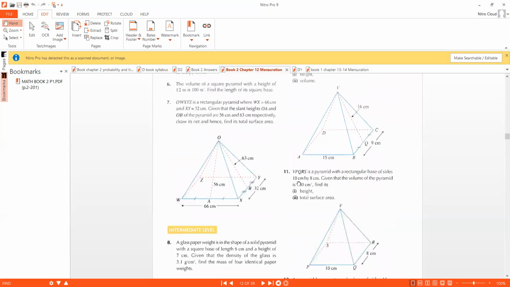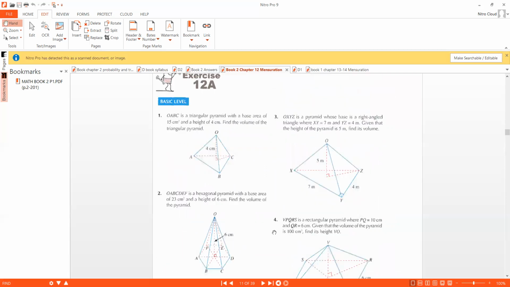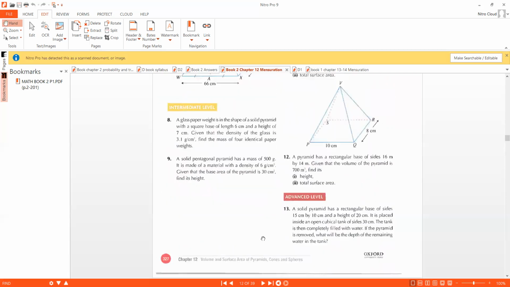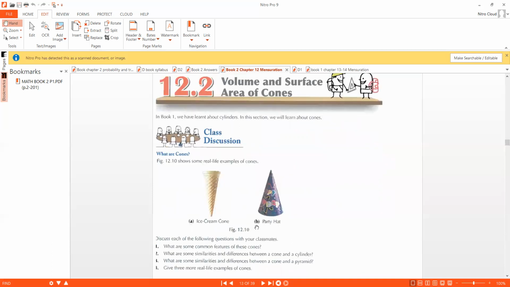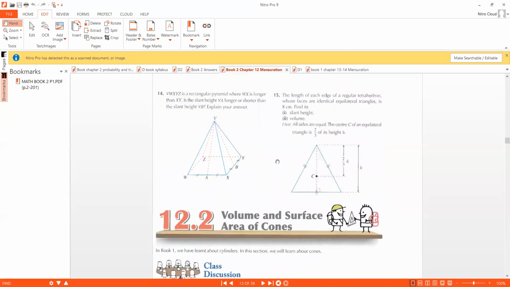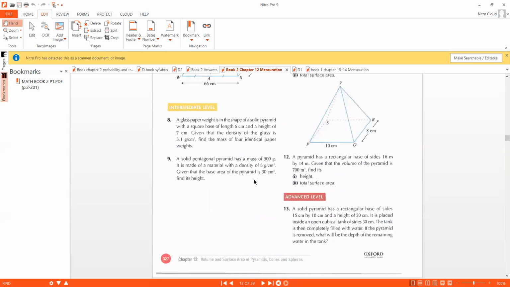Which question are we doing, by the way? The height one. We are not doing 14, we are doing 12. So you do 14 times 16, which is 224.